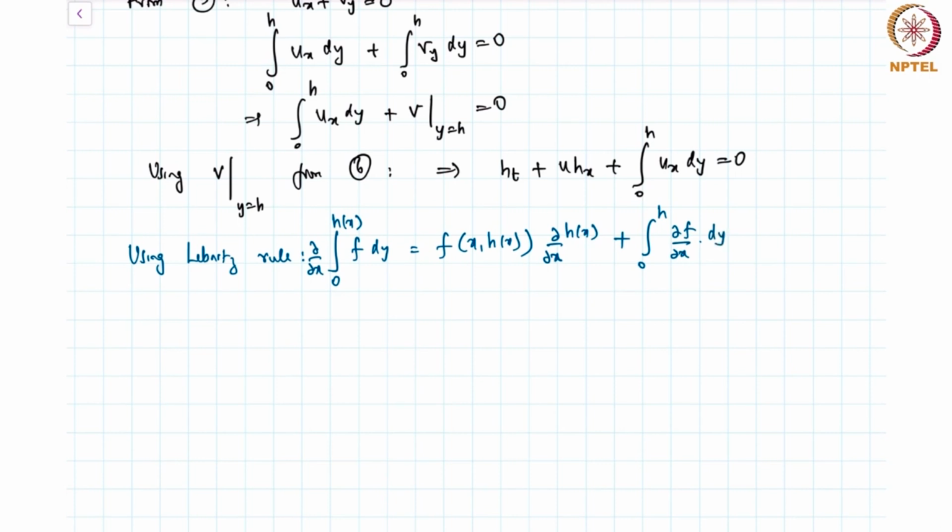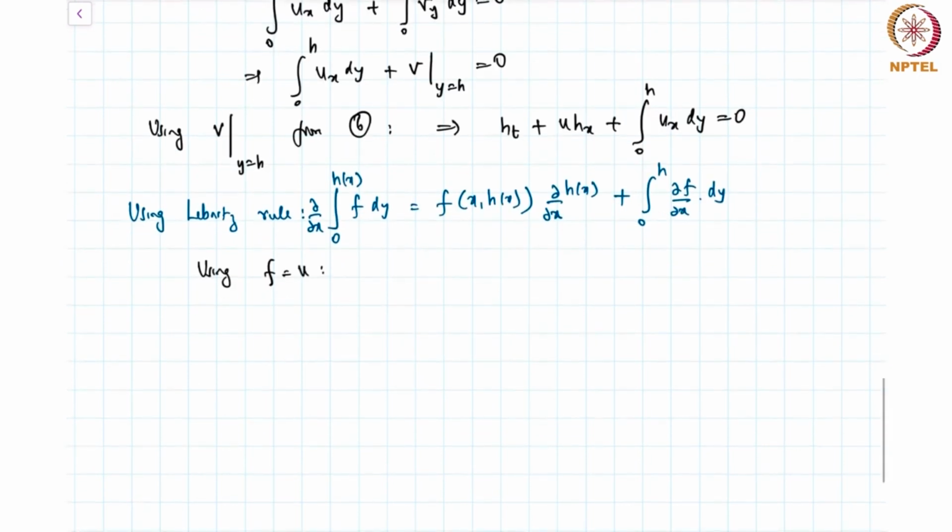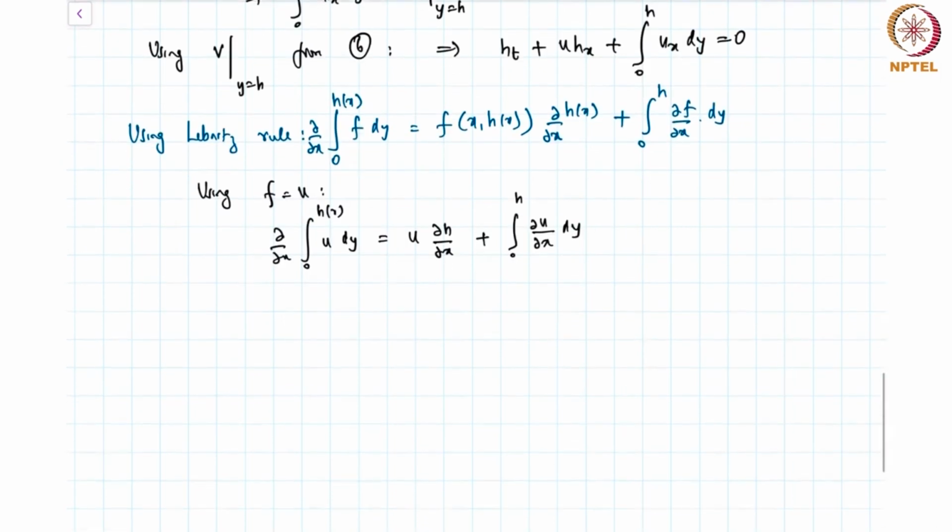This is basically my Leibniz rule. So I can just say, using f is equal to u, I simply get del by del x of the integral from 0 to h of x of u dy simply becomes u times del h by del x plus integral from 0 to h of del u by del x dy, right?